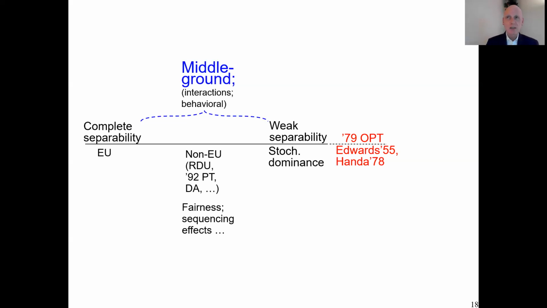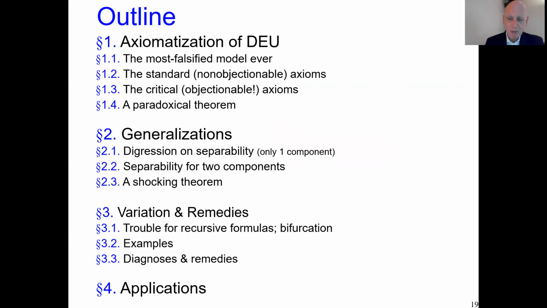And there was a consensus, and I agree with it, that those theories are not sufficiently interesting for economists, so they are usually not considered behavioral. To fix this problem, for instance for decision under risk, rank-dependent utility was introduced by Quiggin to have probability transformation still, but maintain stochastic dominance, so weak separability. So this is the typical situation for one attribute for behavioral theories.